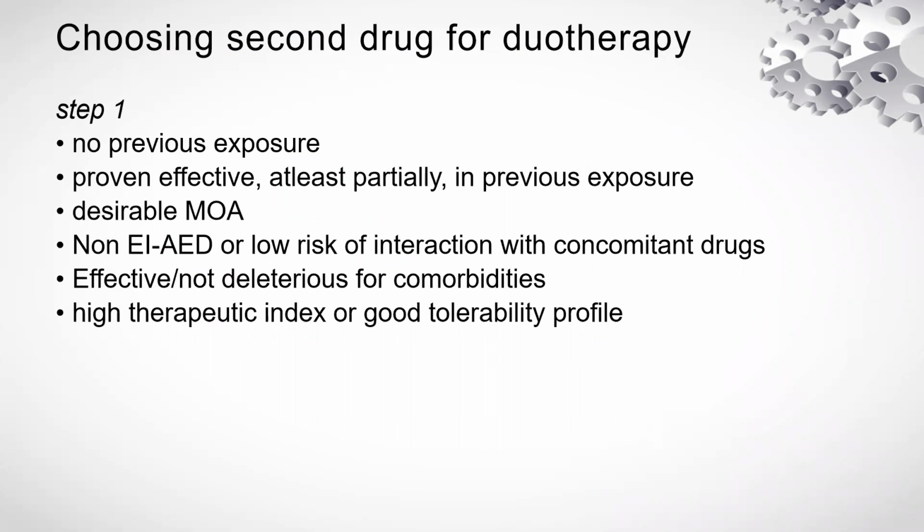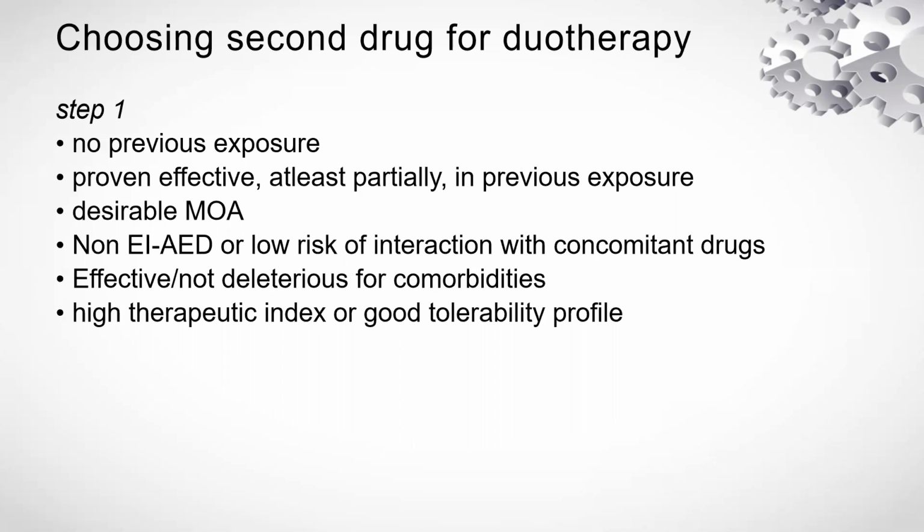Now, how to choose a second drug in a duotherapy? It's a two-step process. First, we should make a list of AEDs in order of preference by using the following criteria. The patient should not have used the drug previously, and if he or she has used the drug previously, it should have been shown to be at least partially effective. It should have a desirable mechanism of action. We should use non-enzyme inducing AEDs, or AEDs which have low risk of interaction with concomitant drugs.